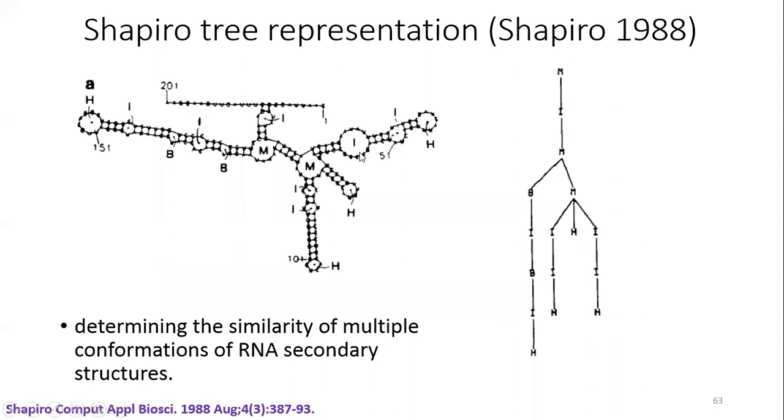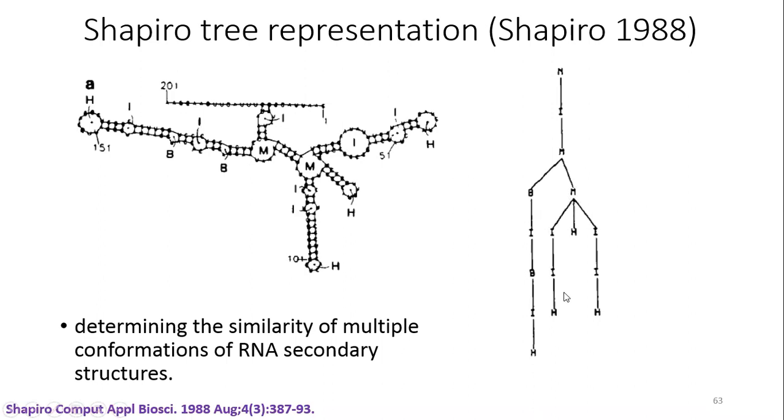Okay, then you have something called the Shapiro tree representation, which is very similar to your previously described schemes. Over here, if this is the scheme for your RNA secondary structure, it can be represented such that the bifurcations are represented in the form of nodes.